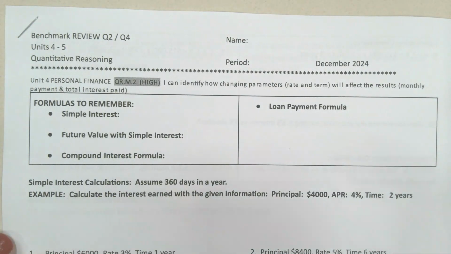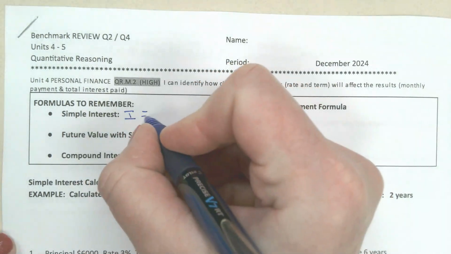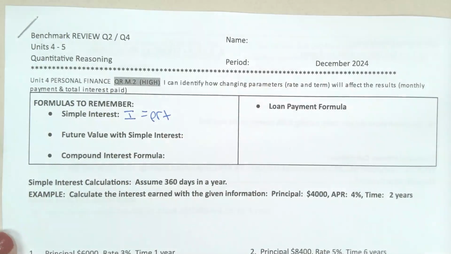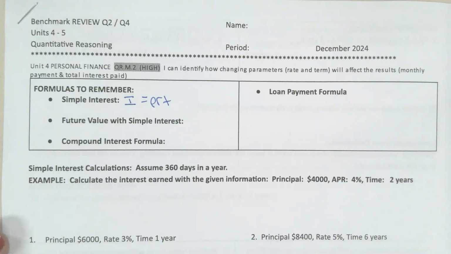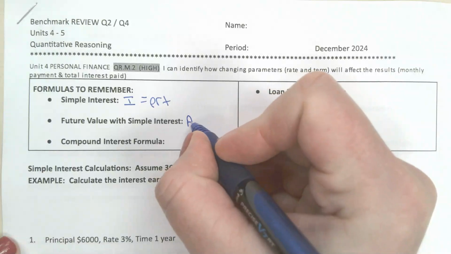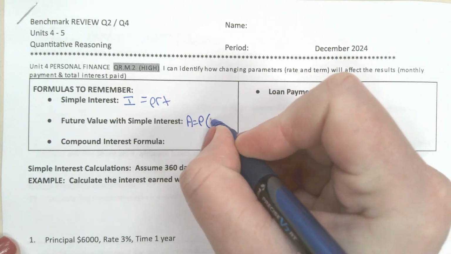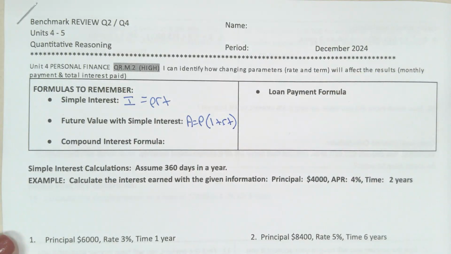So your simple interest formula that you should have found was I equals PRT. P is the principal, R is the rate turned into a decimal, T is the time. Future value with simple interest, you should have used A equals P, parenthesis, 1 plus RT.